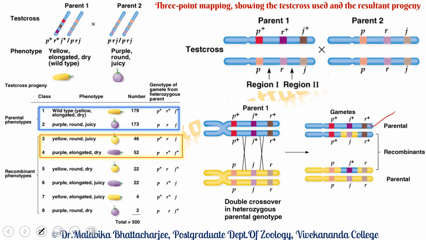This is one parental, this is one parental. See, now match it up with the main data. So the two parentals, and this is one DCO, P plus, J, R plus. And this is the other DCO, P, J plus, R.